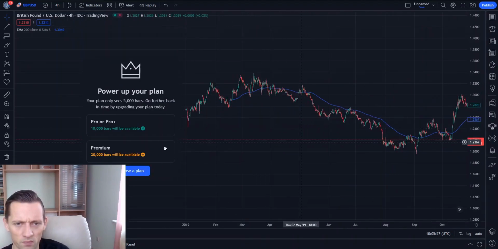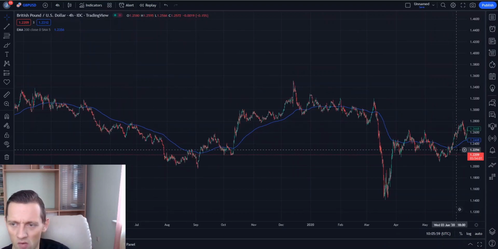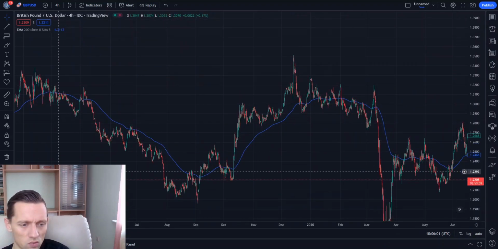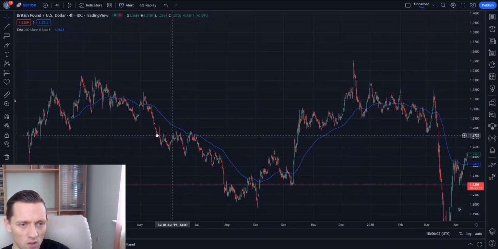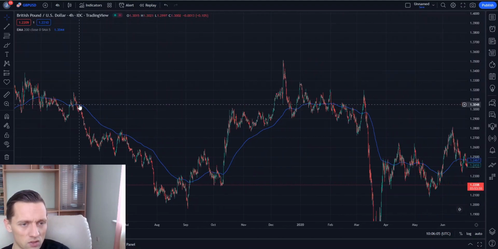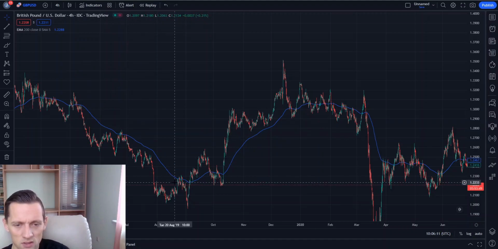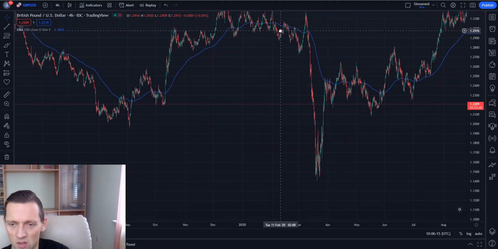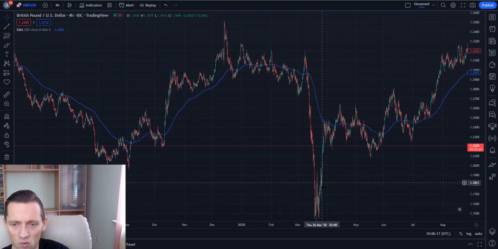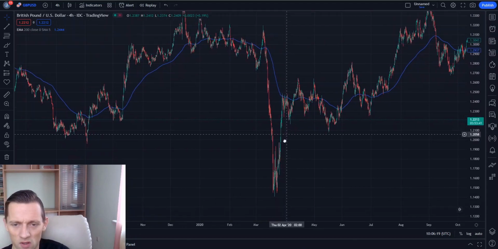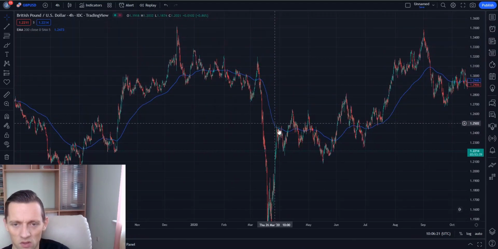So here we are in 2019, and just see how many good trades are here. We have one trade, two trades, that's 2019, three good trends. Then we have a good move, but unfortunately very difficult for us to capitalize on, at the height of COVID.